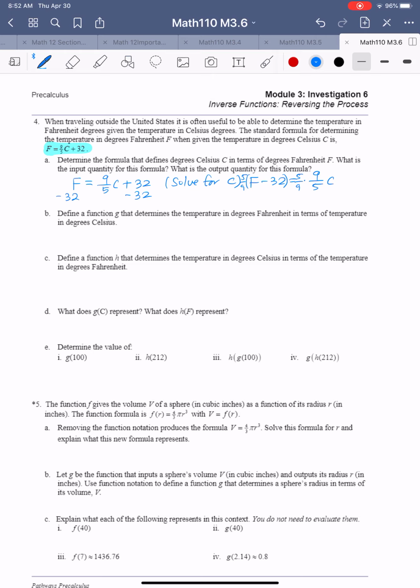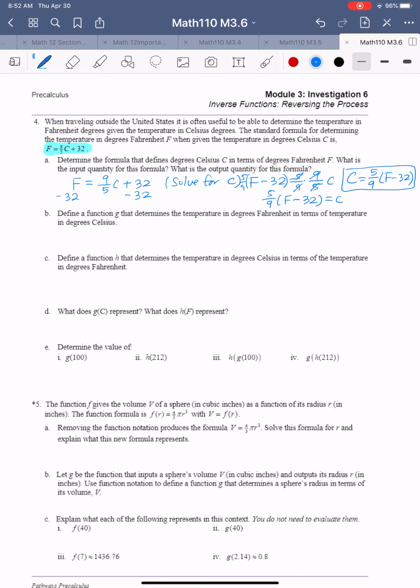And then I got 5/9 of F minus 32, where the 9 cancels out and the 5 cancels out as a 1, so that equals C. So your C is now 5/9 of F minus 32. Okay, all right, so that is the formula, which is C in terms of F.